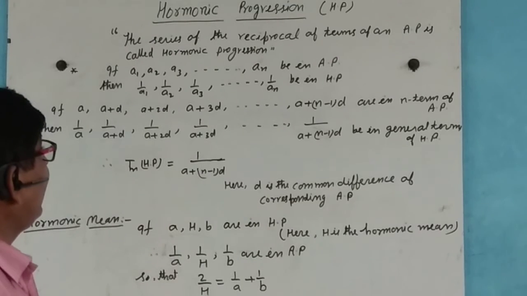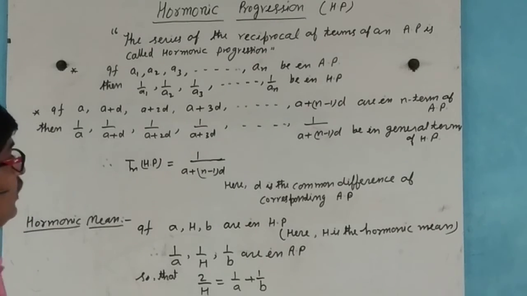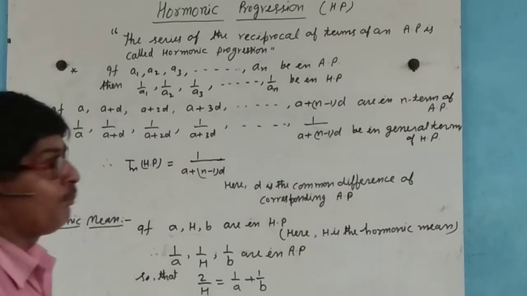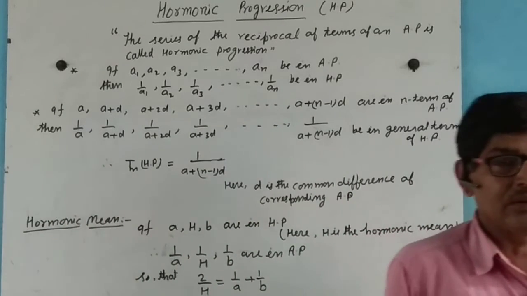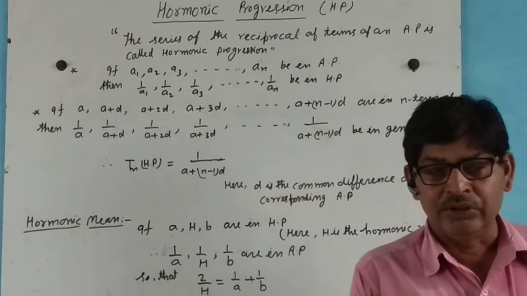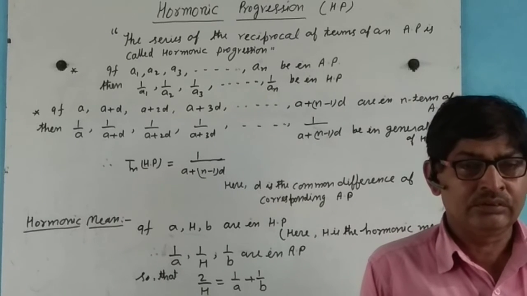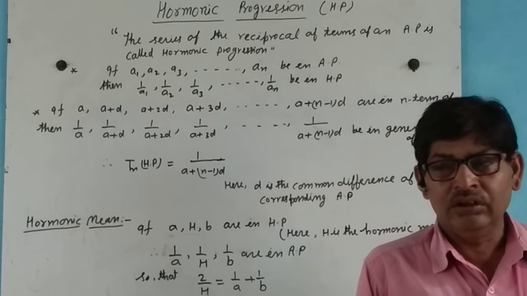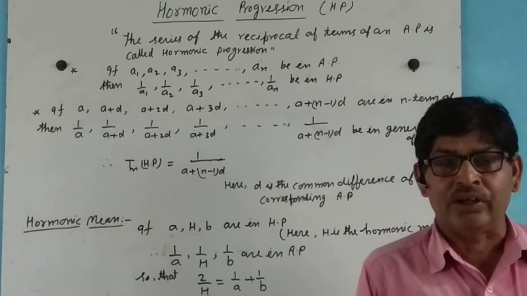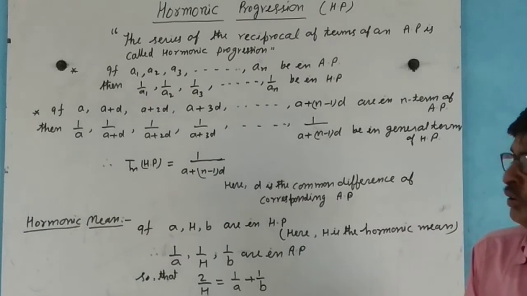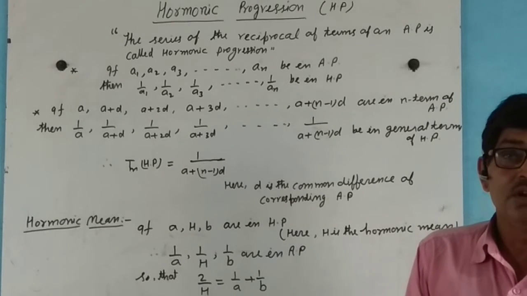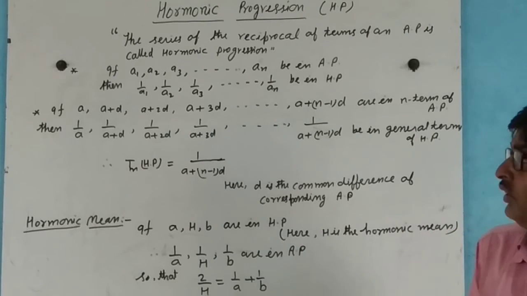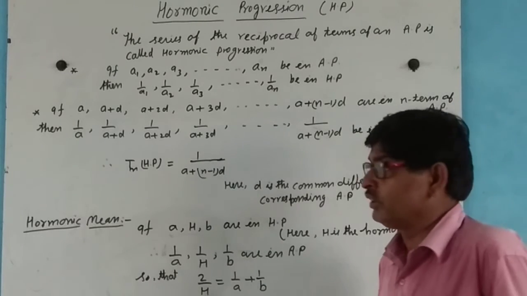Now harmonic progression: the series of the reciprocals of terms of an AP is called a harmonic progression. It means that if an arithmetic progression is given, then the reciprocals of each term of the arithmetic progression form a series, and that series is known as a harmonic progression.